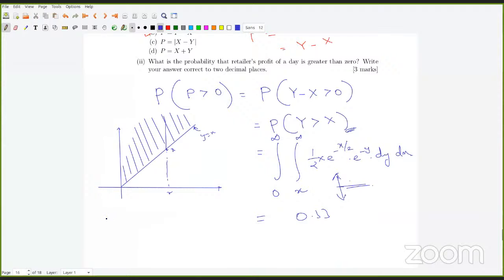So y limits are from 0 to infinity, y can take values from 0 to infinity, and for fixed y, my x will go from 0 to y. f_XY of x comma y, dx dy.